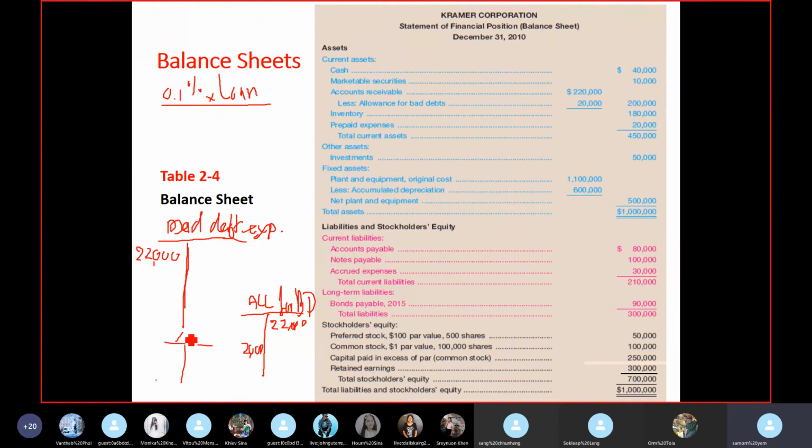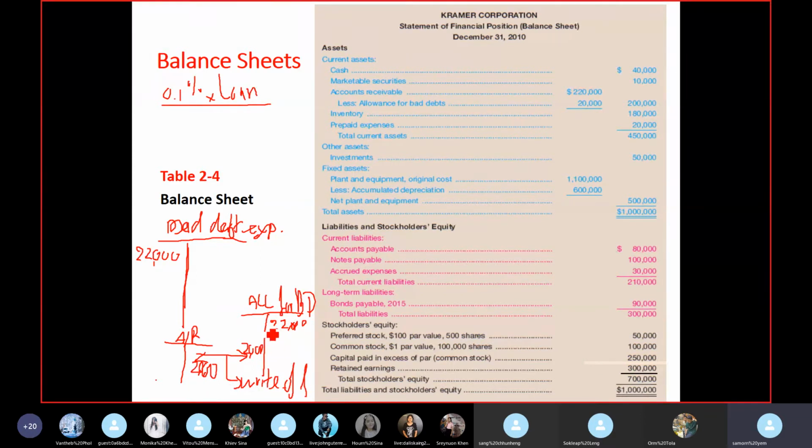This is the accounts receivable book. You write off 2,000. This part is called write off. You write off means that you delete the 2,000 account from the account receivable.